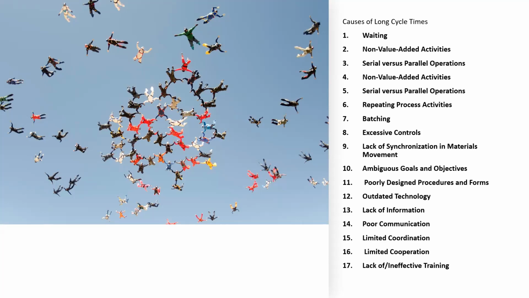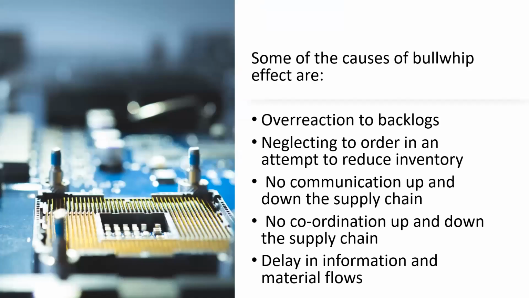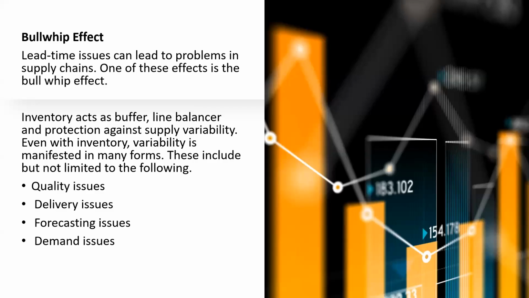Bullwhip. There is something we call the bullwhip effect. When a cycle lead time problem is suffered in a supply chain, lead time issues can lead to problems in the supply chain, and one of these effects is the bullwhip effect.